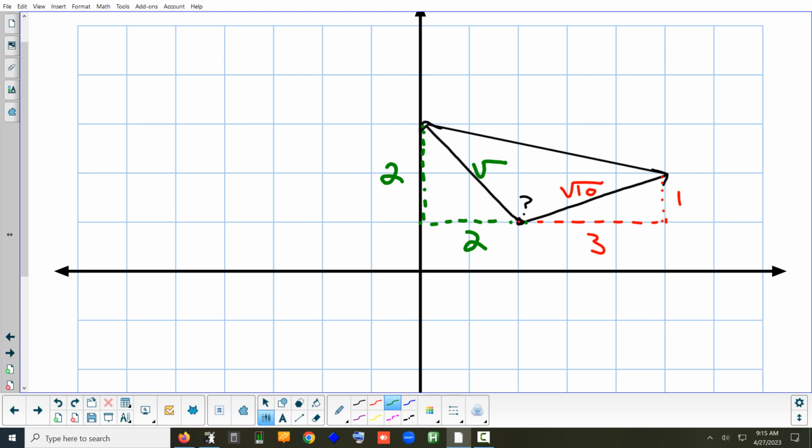Is 2 times 2 8? No. So let's just leave it as square root of 8. Let's do it one more time. So this side is 1, 2, 3, 4, 5. And this side is 1. So how long is that top side? Square root of 26.